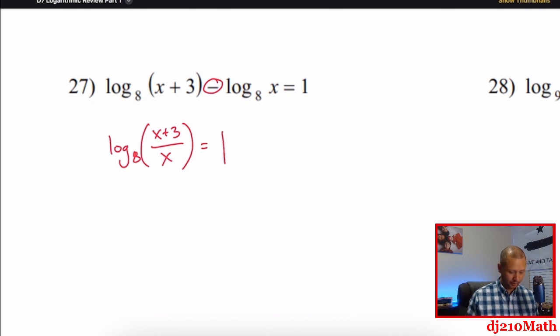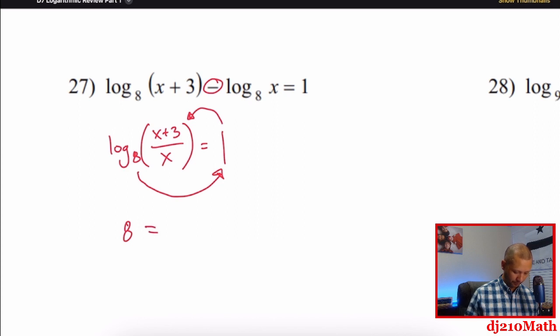So now that we have 1 log, we can convert it to exponential form. 8 raised to the 1st power equals all this. 8 to the 1st power, which is just 8, should equal x plus 3 over x.